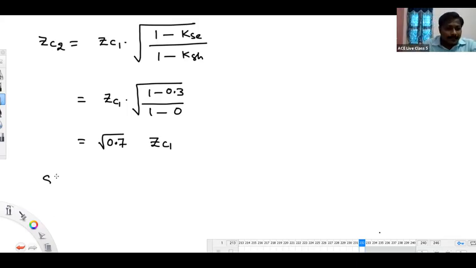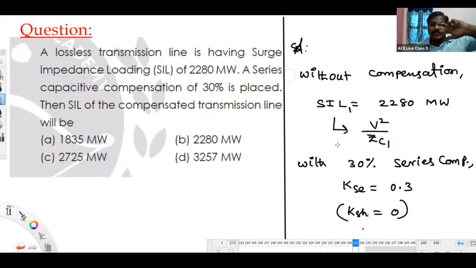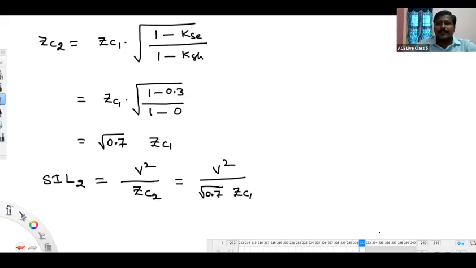Now, what is the surge impedance loading? Surge impedance loading 2 is V square by ZC2, and ZC2 is root 0.7 times ZC1. What is V square by ZC1? V square by ZC1 is the value SIL1.